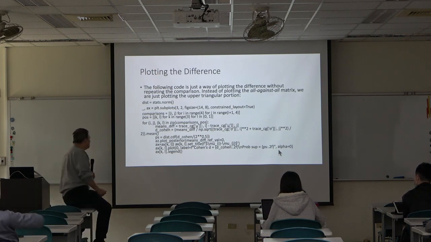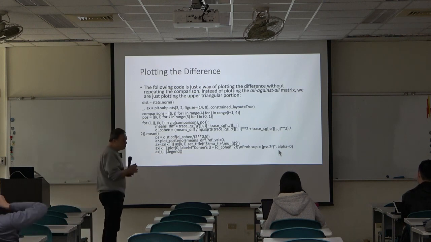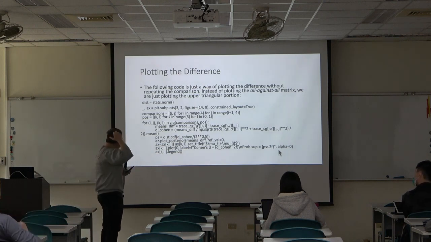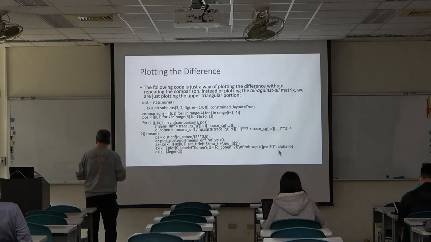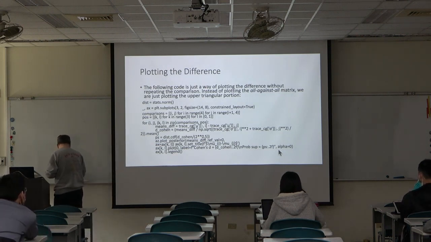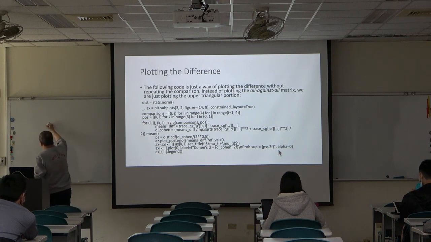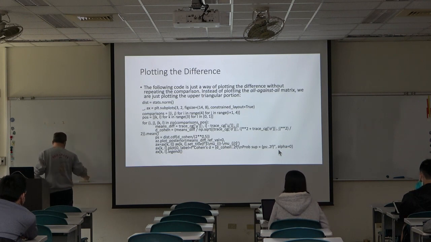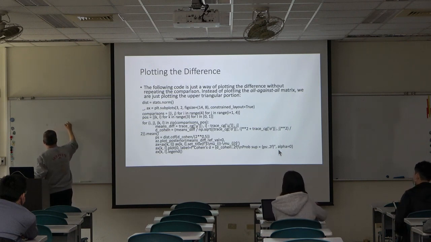What do we mean? For 4 groups, we have group 0, group 1, group 2, group 3, right?